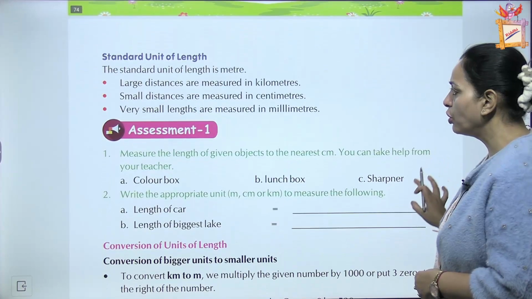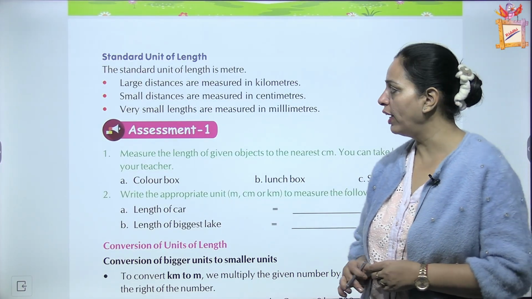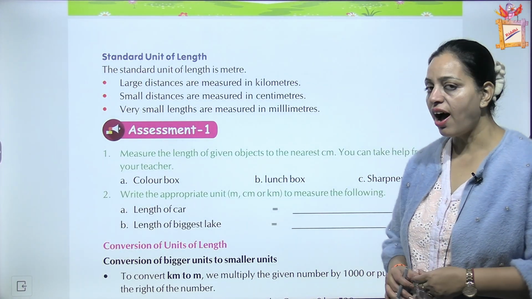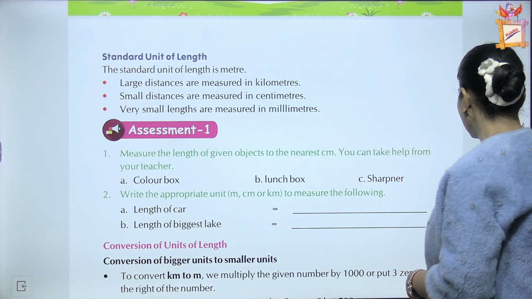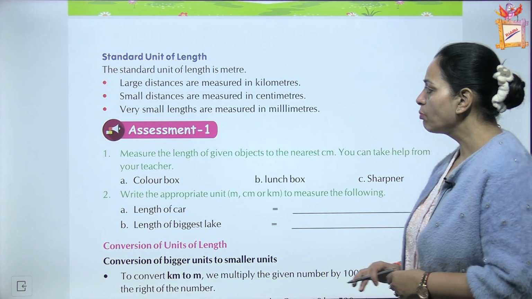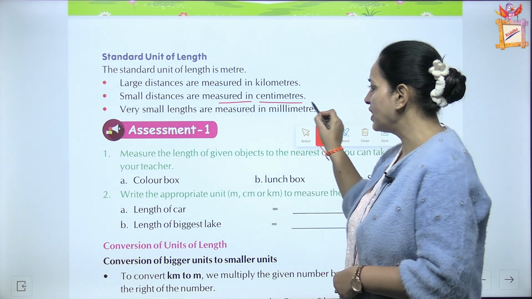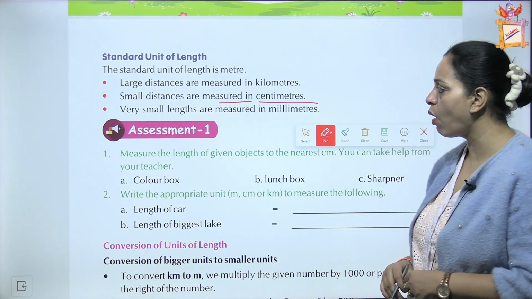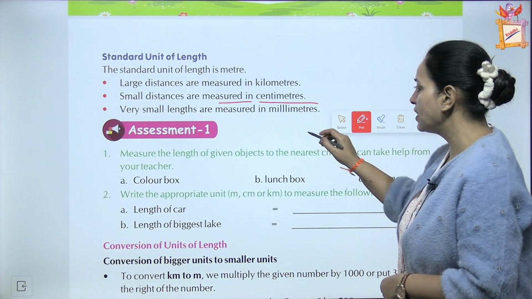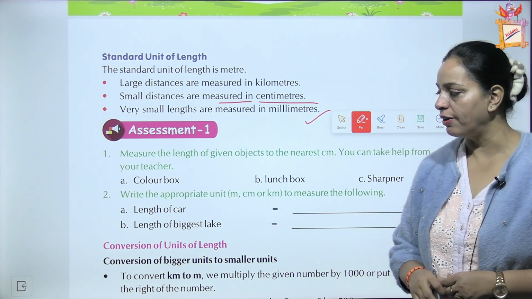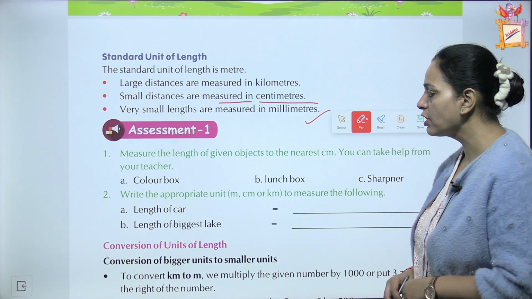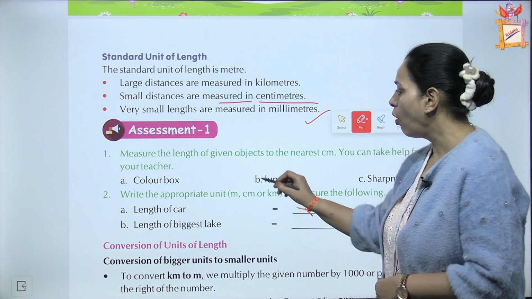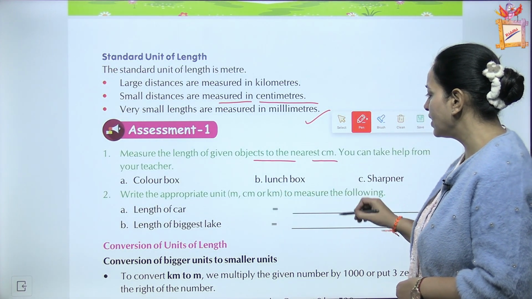Now, standard units of length. The standard unit of length is meter. Large distances are measured in kilometer. Small distances are measured in centimeter and very small lengths are measured in millimeter. So, assessment 1, the first one, measure the length of given objects to the nearest centimeter.